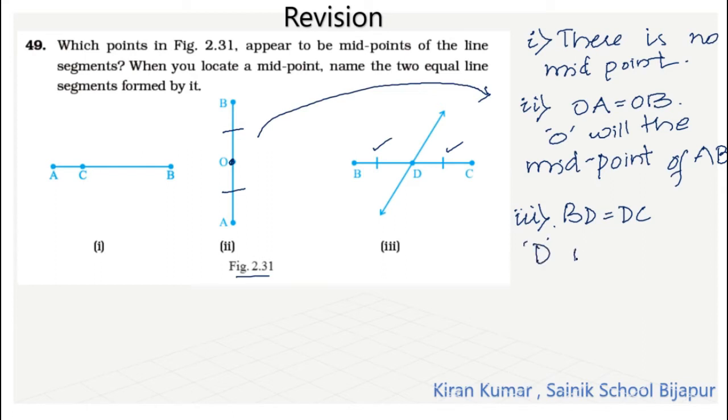So, D is the midpoint of BC. The equal parts are BD and DC. They are equal to each other. For the second figure, I have taken O to be the midpoint because it appears like the midpoint.